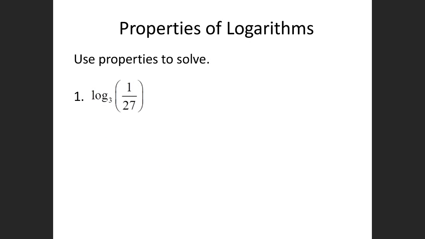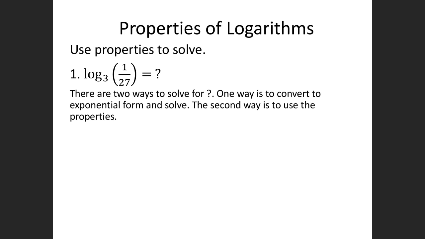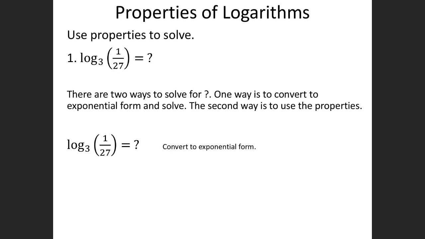Let's solve using our properties for this. We have log of base 3 of our input 1 over 27, okay? So what I can do is, let me convert the 1 over 27 into an exponent form. Can we convert our 1 over 27 into an exponent so we can solve? And hopefully the answer is yes.